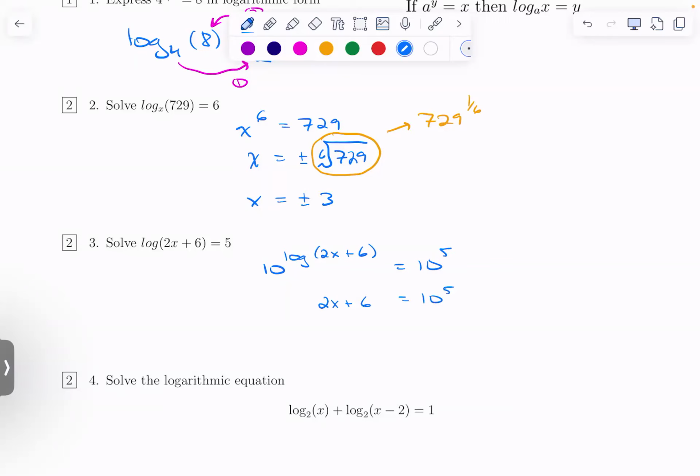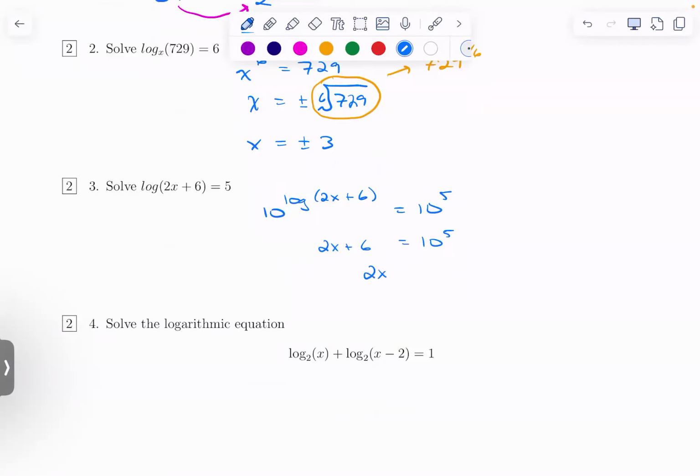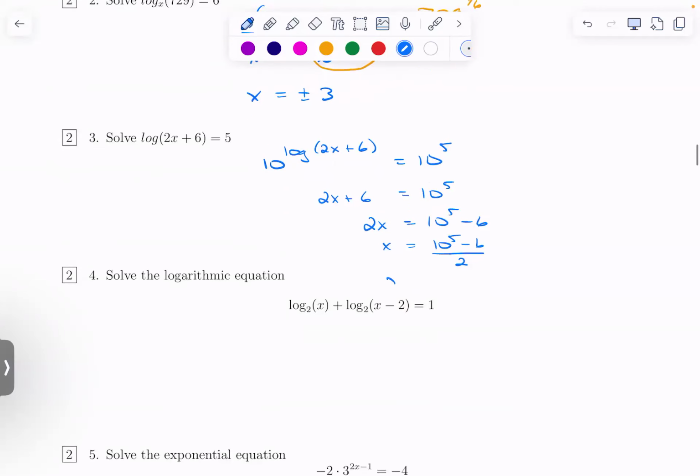Which, if you do a little bit of math, 10 to the 5 is huge, and then you subtract 6 and you divide by 2. 2x is 10 to the 5 minus 6. So x is 10 to the 5 minus 6 divided by 2, which I'll squeeze on here. 49,997 works out. I'm fine if you stop here.